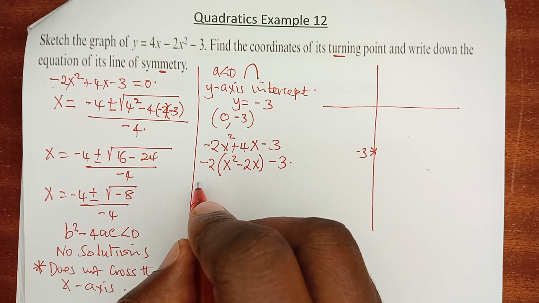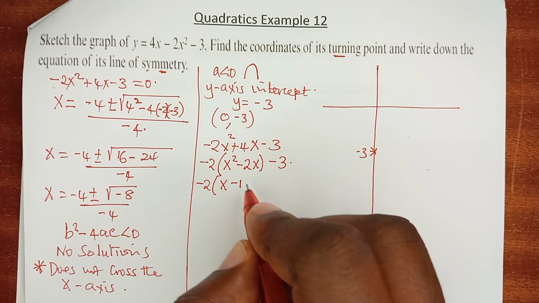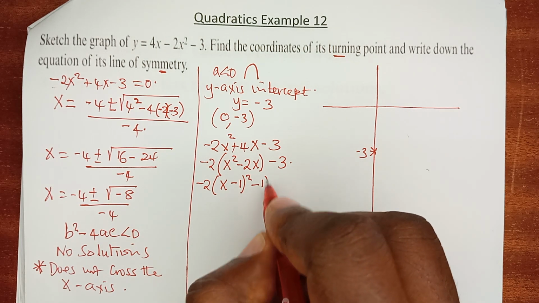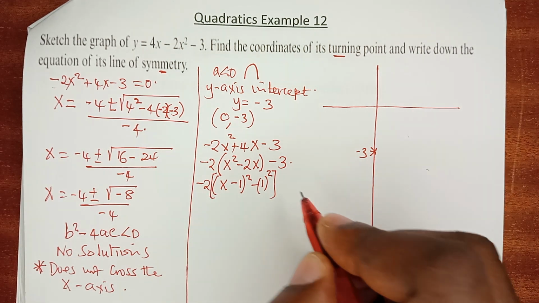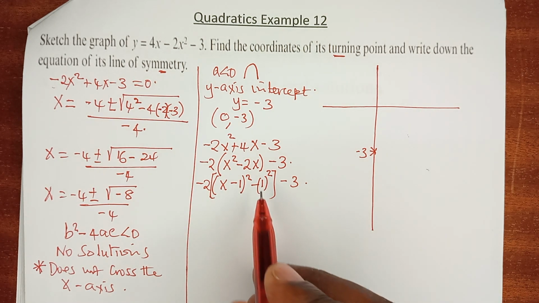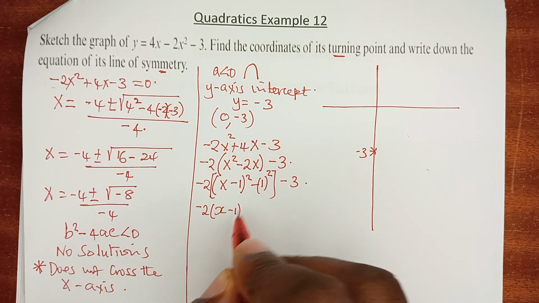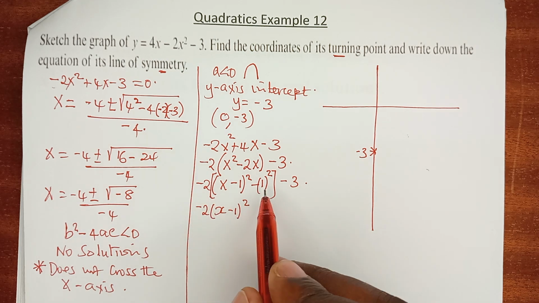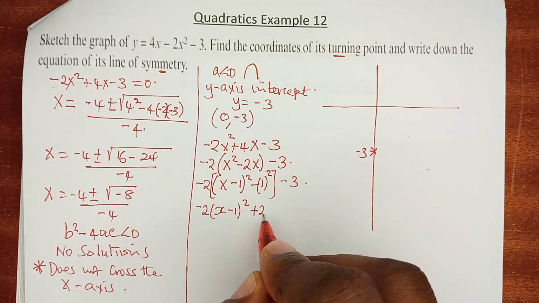So completing the square, we have minus 2 times the bracket x minus 1 squared minus 1 squared, close the major bracket, minus 3. When we open this major bracket, we have minus 2 times (x minus 1) squared, and negative 2 times negative 1 is actually plus 2.